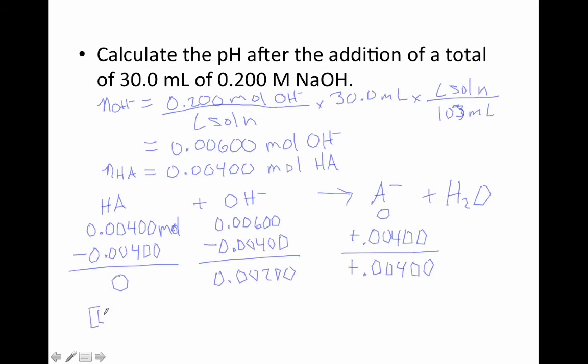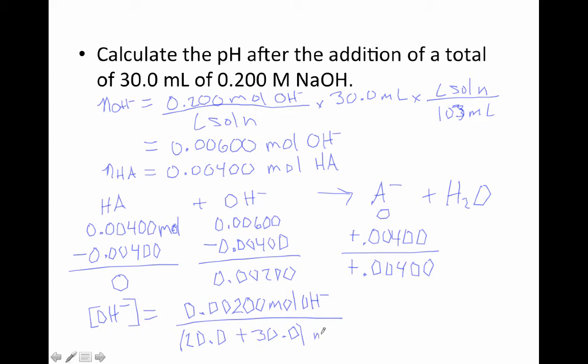And therefore, we will calculate the pH of the solution using this excess hydroxide. The concentration of this excess hydroxide at this point in the titration will be the 0.00200 moles of hydroxide divided by the total volume of the solution at this point, which is the 20 mL that we started with plus the 30 mL that we have added for a total of 50 mL of solution, where there are 10 to the 3 mL in a liter of solution.